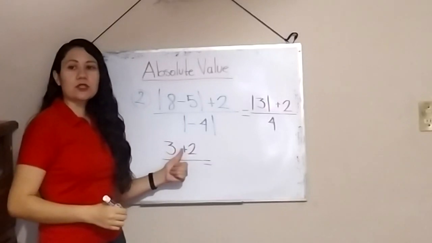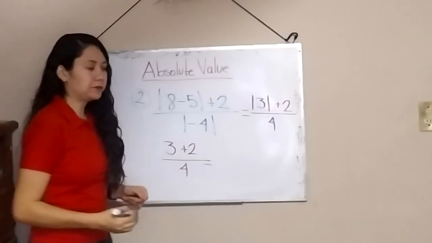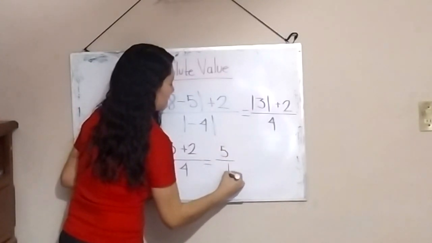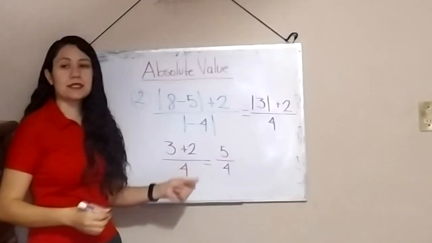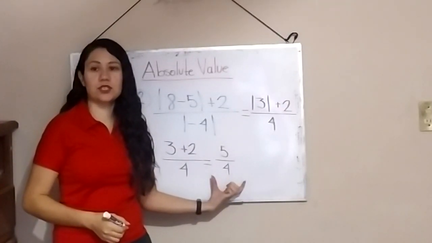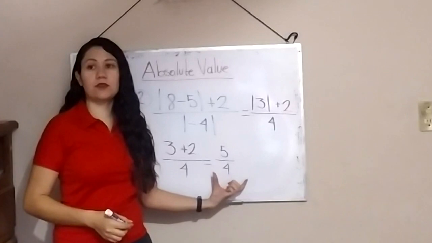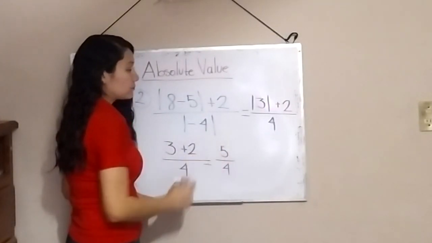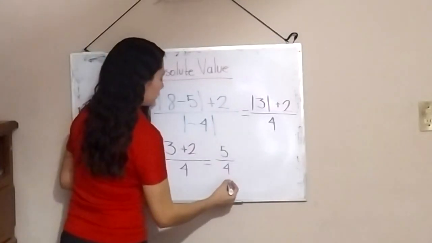We have 3 plus 2 divided by 4. We get 5 divided by 4. Since we will not get a whole number from this division, we are going to leave the result as a fraction. So, this is our final result.